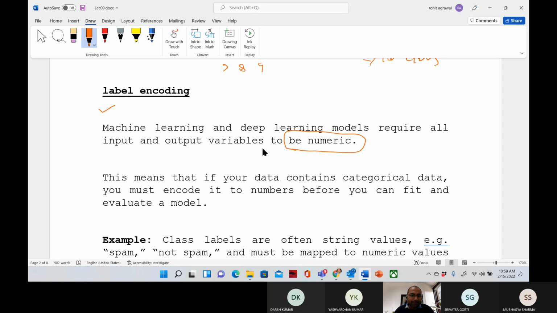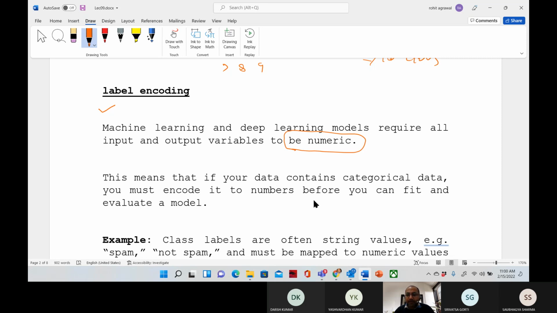But in our case, like email classification, the data may be some categorical data. Like we talk about the labels of our email classification. The labels are two, whether it is spam or whether it is not spam.